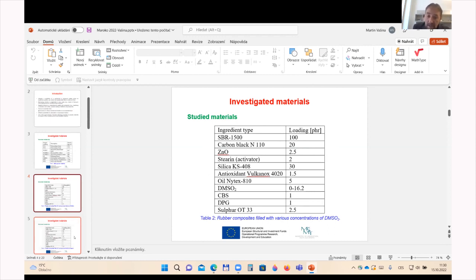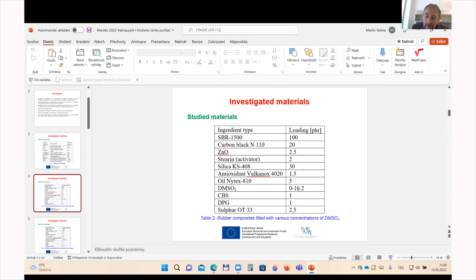Furthermore, we studied rubber composites with different compositions. Firstly, we have a rubber composite filled with different concentrations of dimethyl sulfone, from 0 to 16.2.